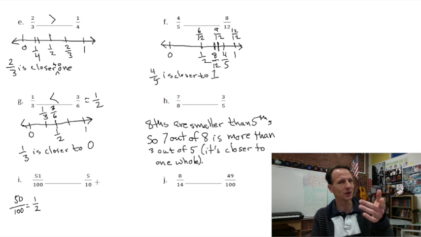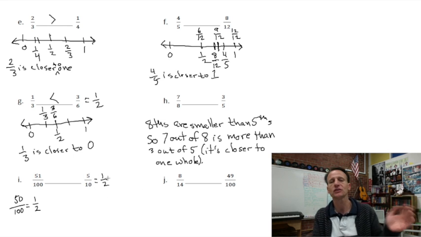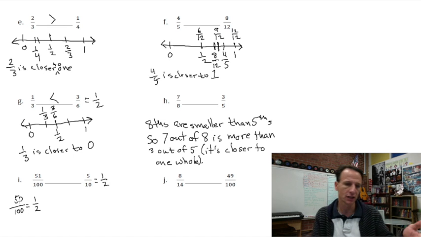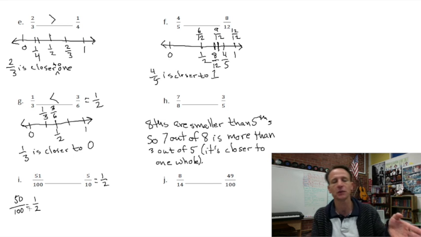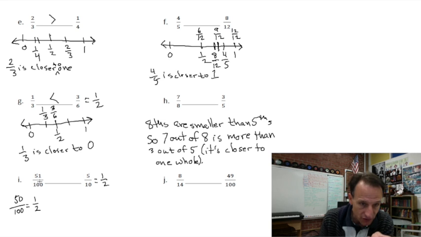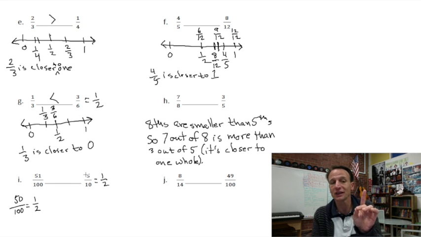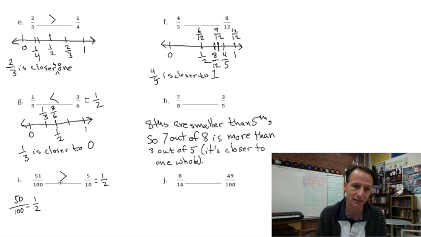You know where I'm going with this, don't you? 5 is half of 10, so 5/10 is equal to 1/2. Now, if we wanted to do the math on that, we would say 5/10 divided by 5/5 equals 1/2. Here we'd say 50/100ths divided by 50/50ths equals 1/2. But we can see now 51/100ths is 1/100th more than this, isn't it? So this is greater than.